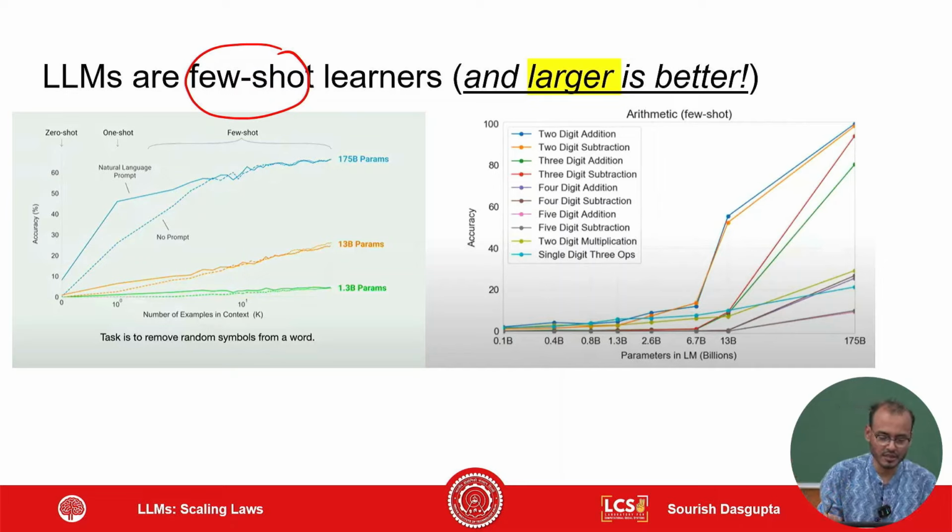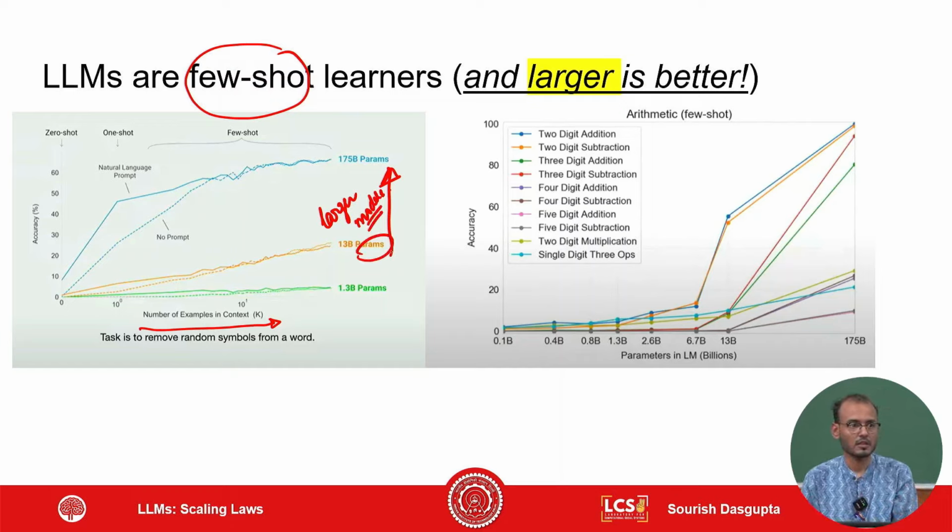As you increase the number of examples, the accuracy keeps climbing up. But something also happens at the same time. If you look carefully, this phenomenon of improving performance exists only when you climb up to larger models, or models with more parameters.